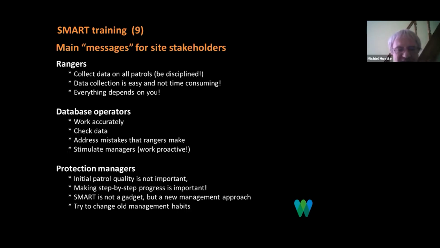I had a situation in Russia with a protected area with a somewhat older director, a few years before his pension, who found patrolling the most important activity of his strict reserve. He met weekly with all the patrol team leaders, and always started those meetings with, tell me what you've done last week.